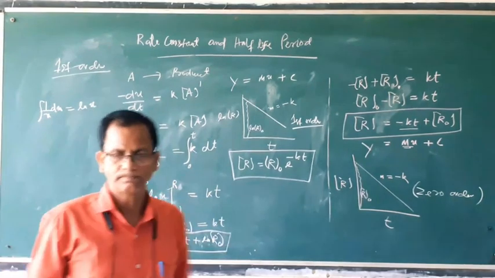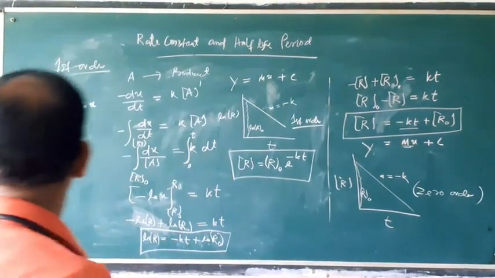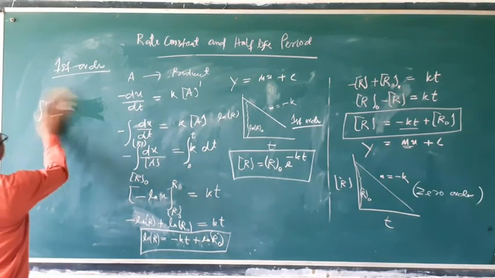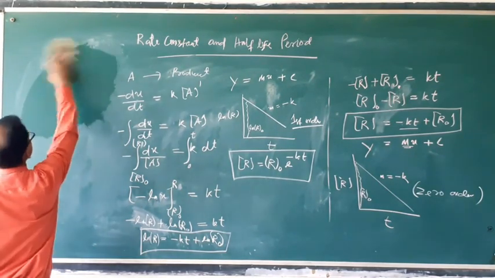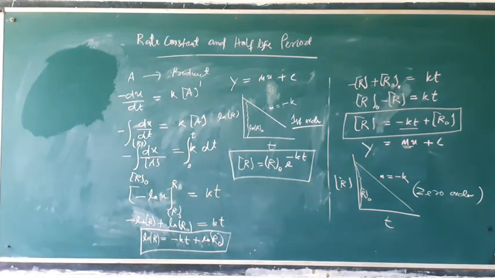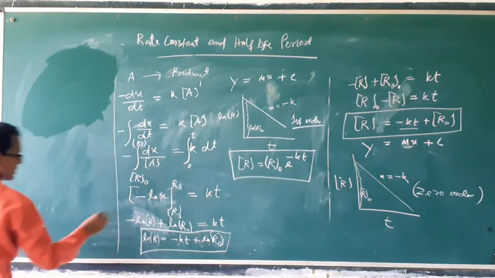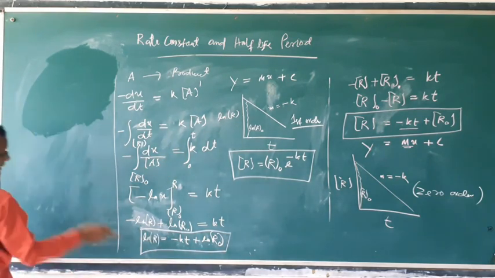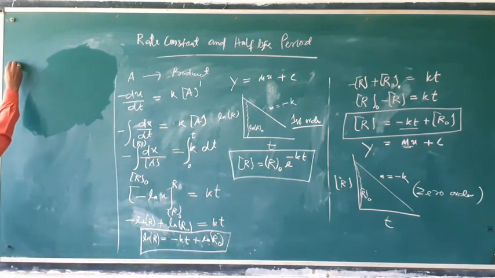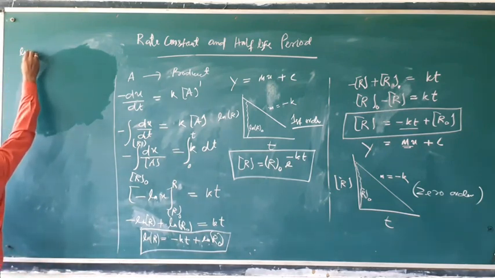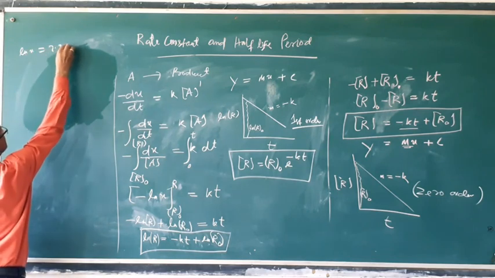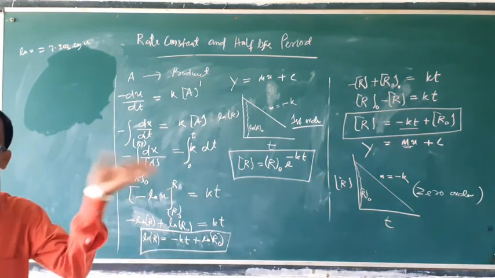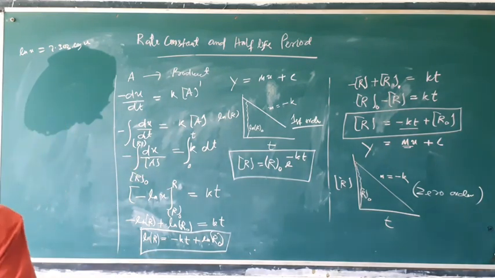So this equation can be written in logarithm form. If you write this equation in logarithm form, it will be what? This one, ln r equals minus kt plus ln r0. Remember, ln x is equal to 2.303 log x. ln can be converted to logarithm form. ln means log e.